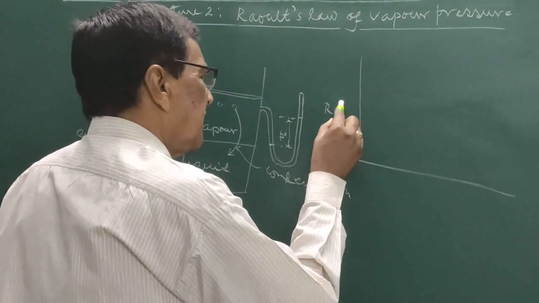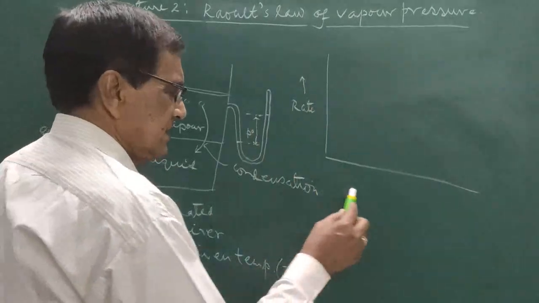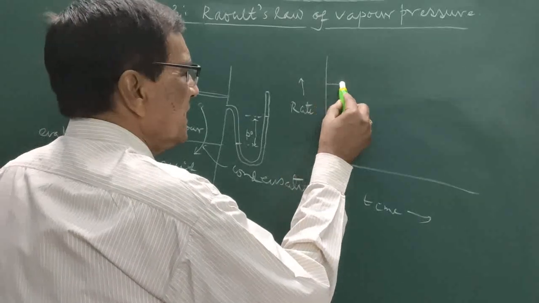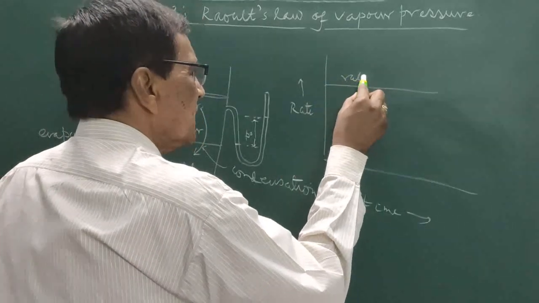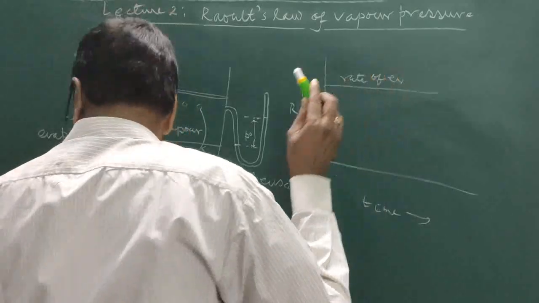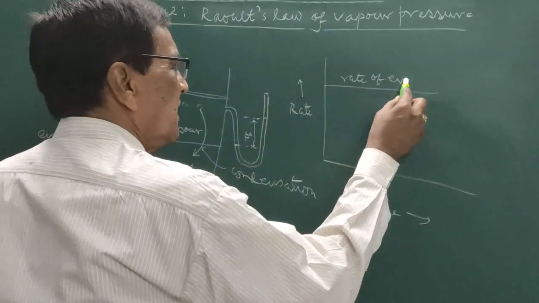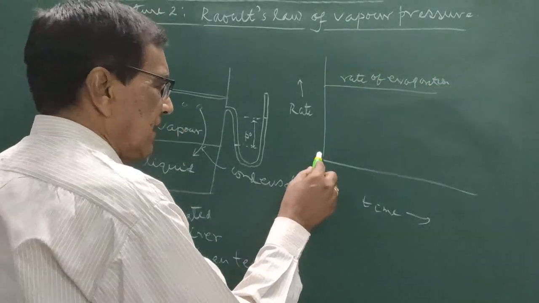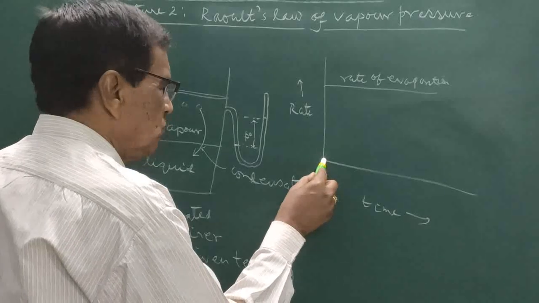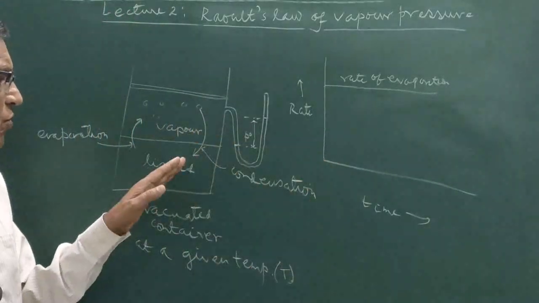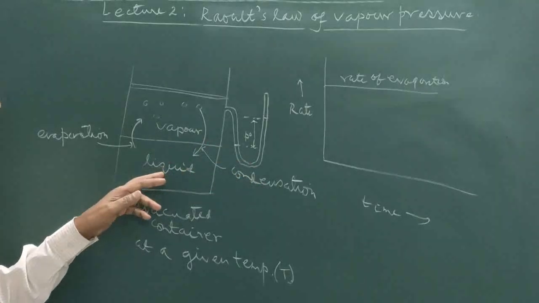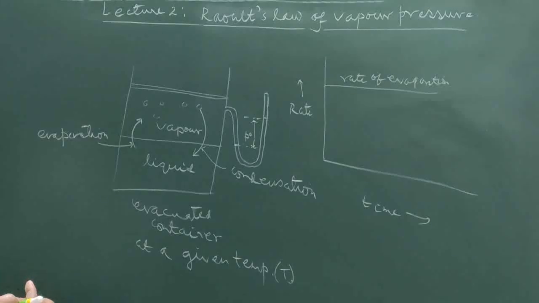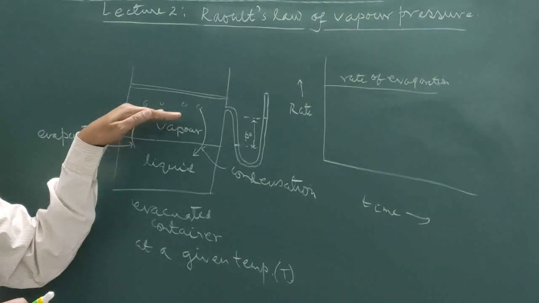Here the rate is plotted on the y-axis and time along the x-axis, and this is the rate of evaporation, constant. Rate of evaporation is constant, and the rate of condensation starts from 0. When time is 0, at the time of taking this liquid in this evacuated vessel, no vapor is found in this evacuated space.